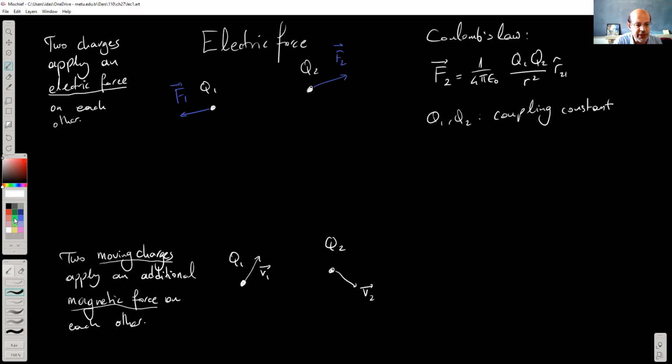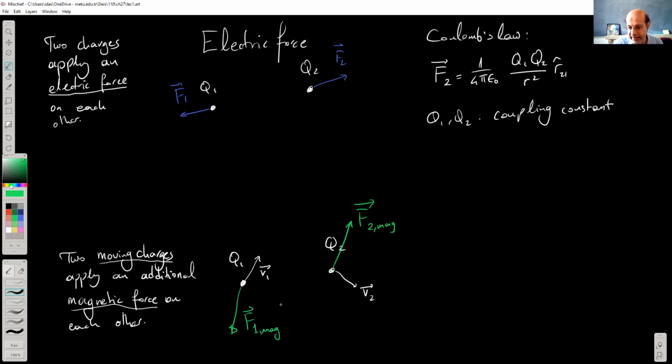This additional force I'm going to show with this green color. This is just symbolic, so I'm just going to choose 2 directions here. Let's say it like this. This is F2 mag, for example, and the force on this one would be along this direction. This is again arbitrary.